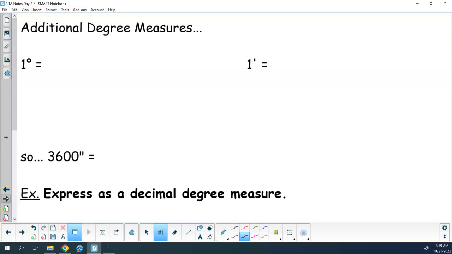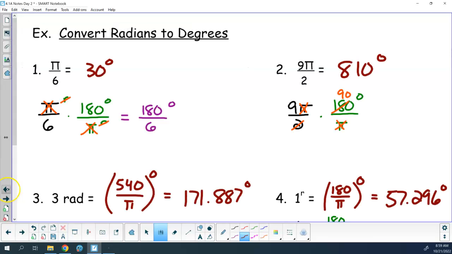Now, there's some other degree measures out there. Okay? There are 2 other forms of degree measures. One is called decimal degree. Okay? And decimal degree is just like these last 2 that we did. That's a decimal degree. It's a degree that's got a decimal attached to it. I know we stepped way outside of our comfort zone when we named decimal degree.